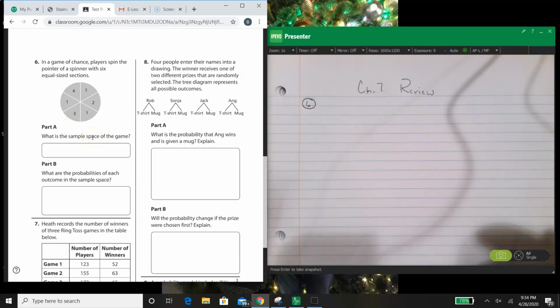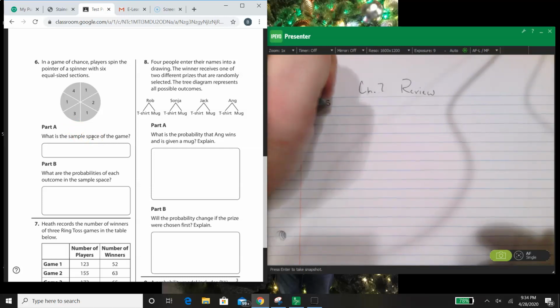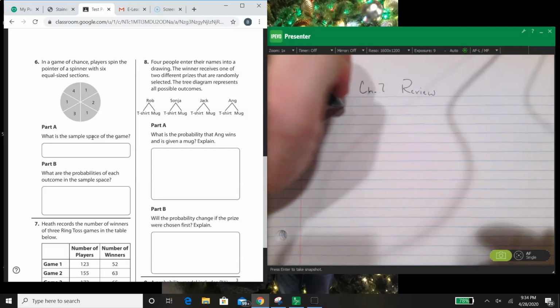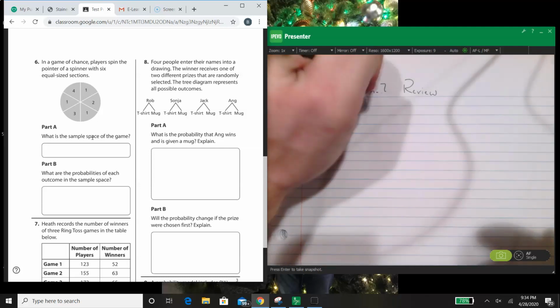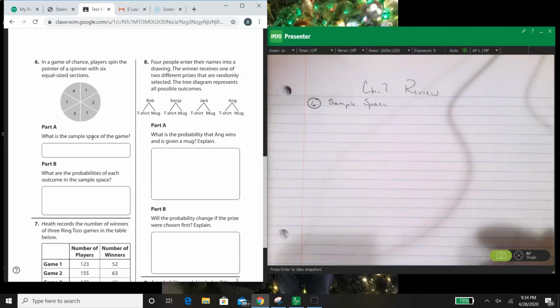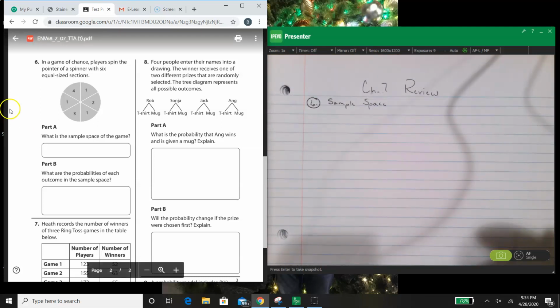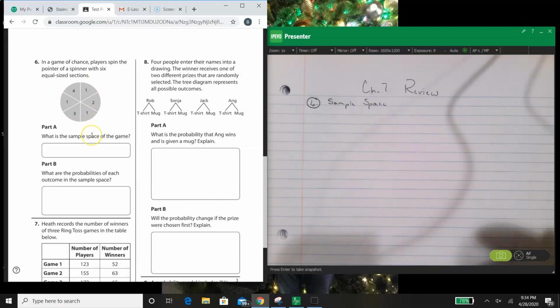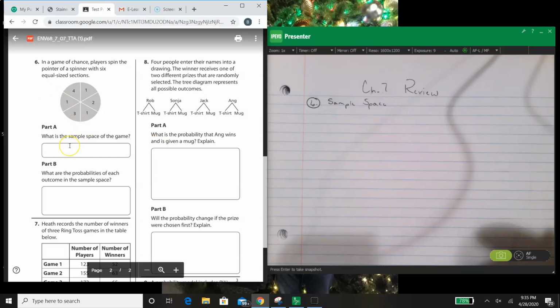If you remember from my video yesterday, the sample space is all of my possible outcomes, and they can repeat. Even though I've got the number 1 three different times, I'm still going to list 1 three different times in my sample space because I could land on any of these ones when I spin the spinner.